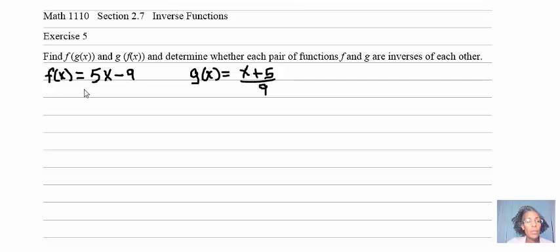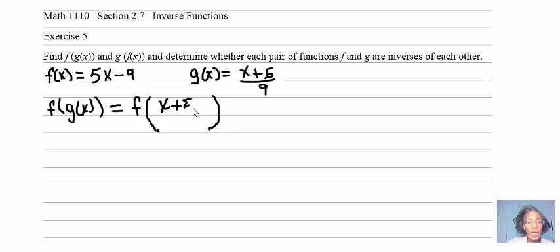So we begin by finding the composition f of g of x, which basically is saying we're going to put into the function f the function g, which is x plus 5 over 9. That's going to be our input to the function f.